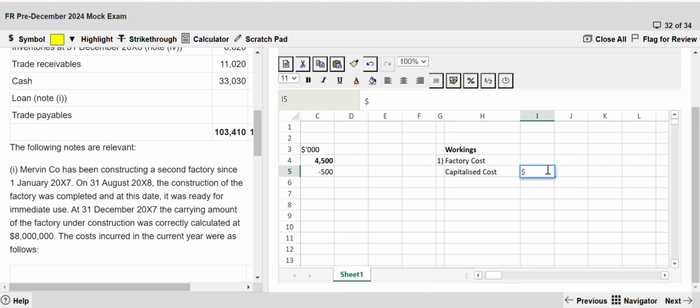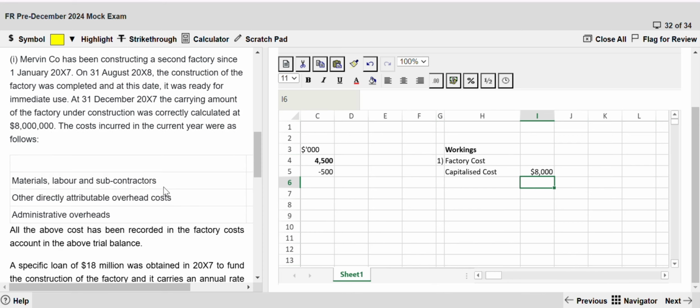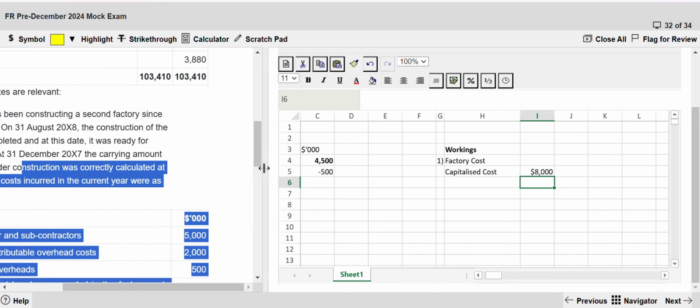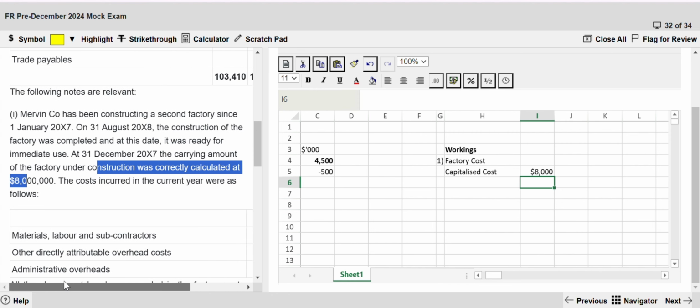So which is $8,000. I think 1 second. Okay, so total factory cost that we have incurred is $8 million. At 31st December the carrying amount of the factory under construction was calculated at 8 million, correct?